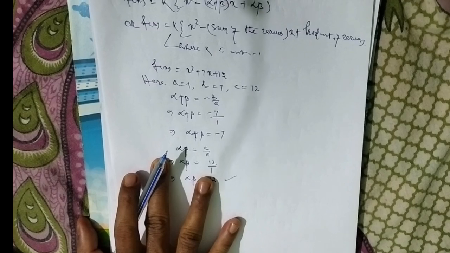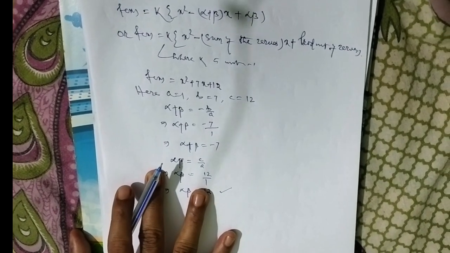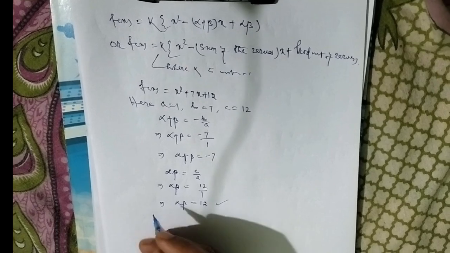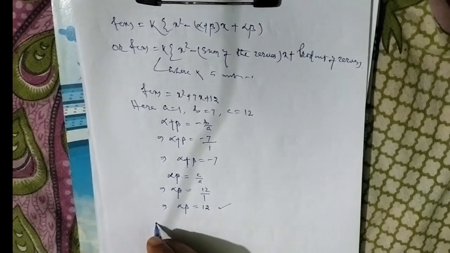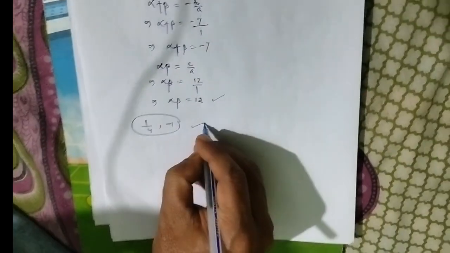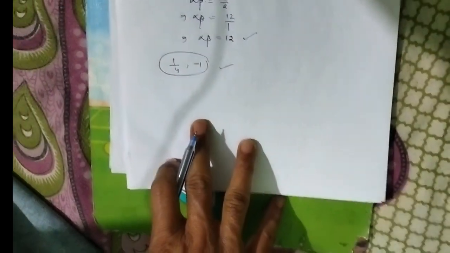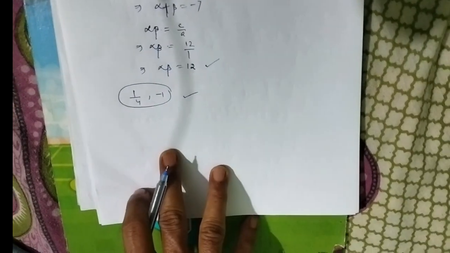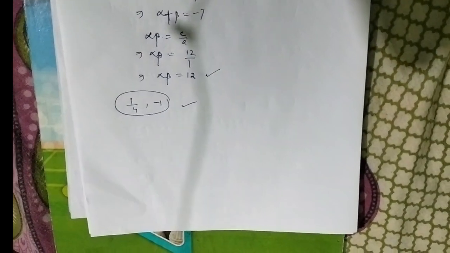Then suppose 1 by 4 and minus 1 are the zeros of the polynomial. So we make an equation.